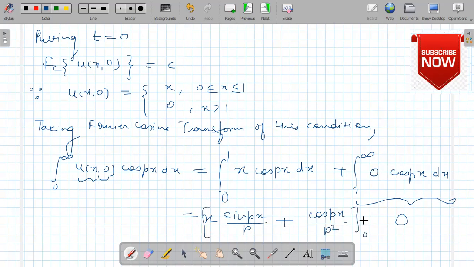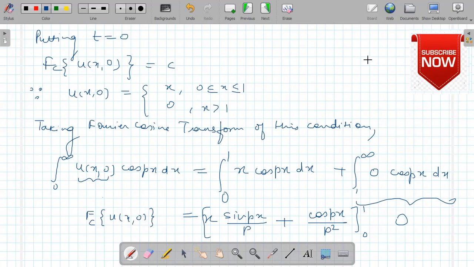Applying the limit 0 to 1, so that we have sine p over p. This left hand side is denoted by Fc of u(x, 0).